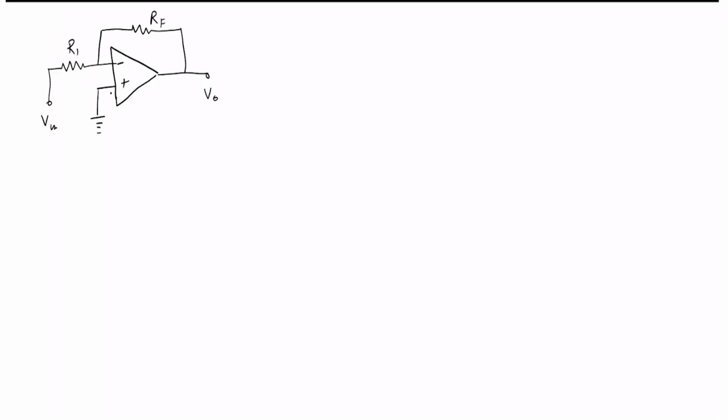So in this circuit, can you see a feedback here? Can you see the output is fed back to the input through this RF resistance? So this feedback, is it a positive feedback or a negative feedback?